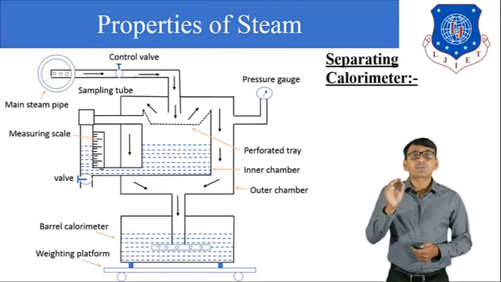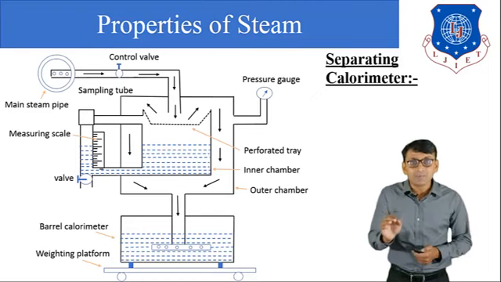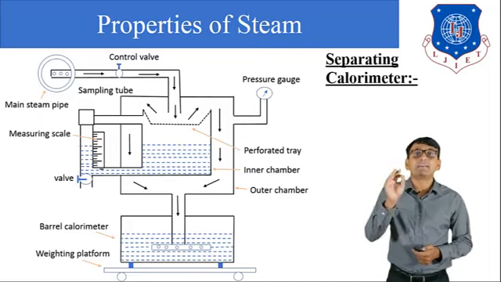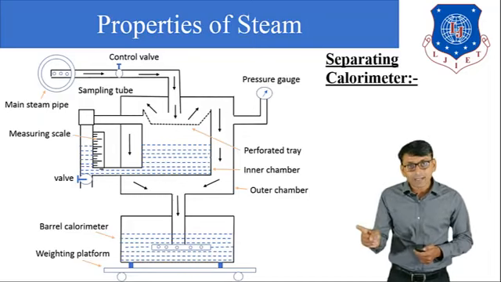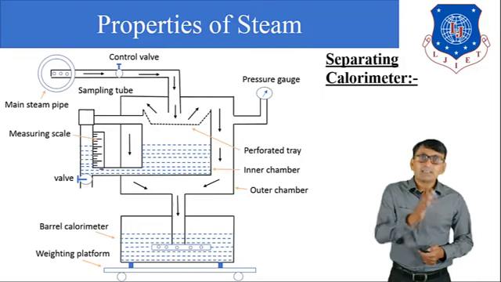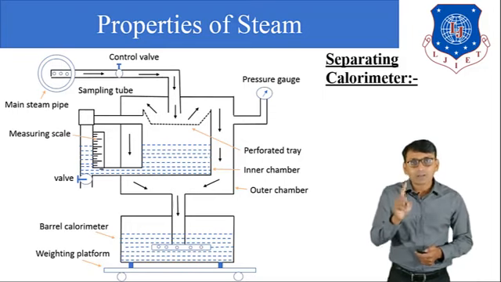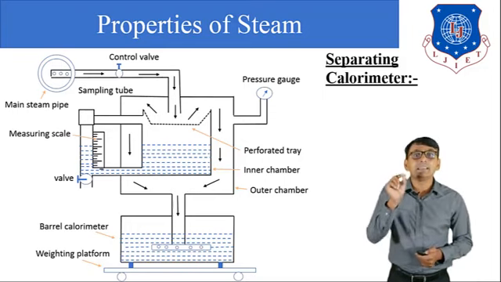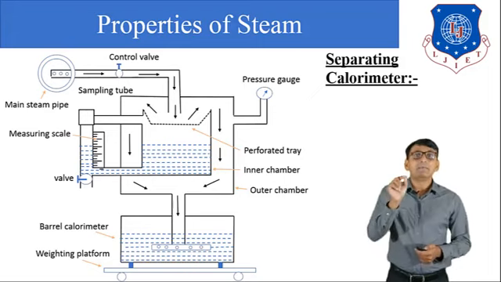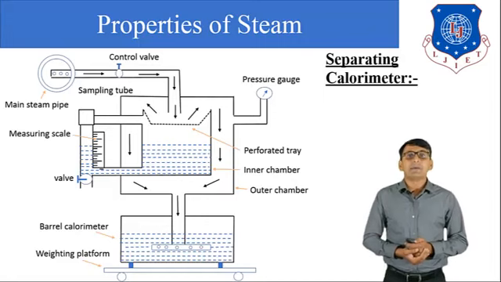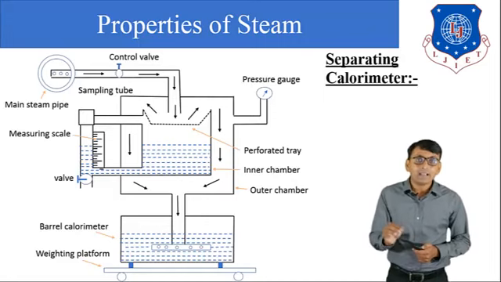So due to the strike of wet steam on the perforated tray, water particles and steam are separated. Water particles collect in the inner chamber, and the remaining steam is transferred into the barrel calorimeter and condenses with water.